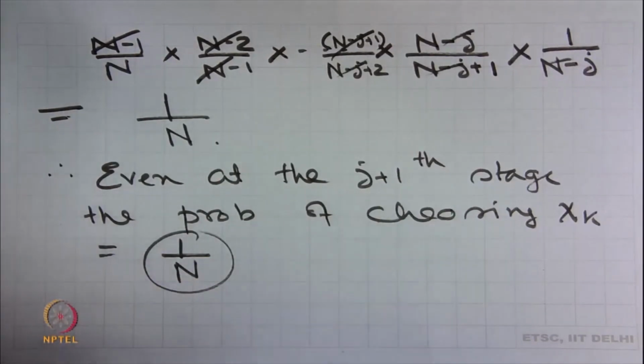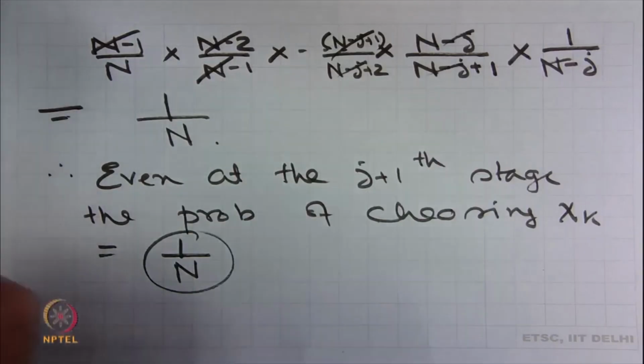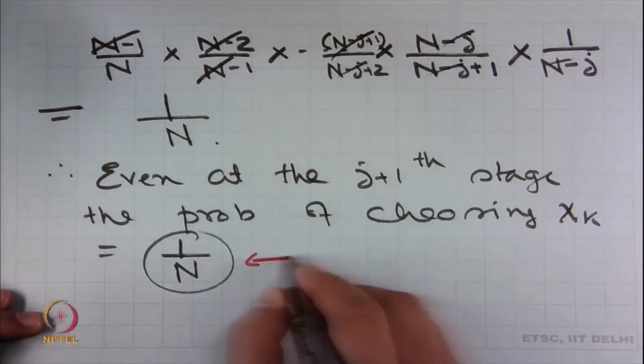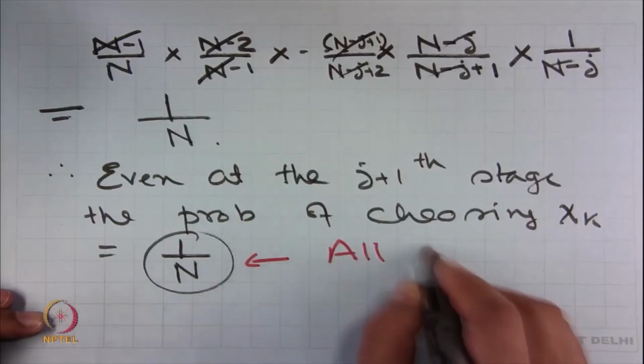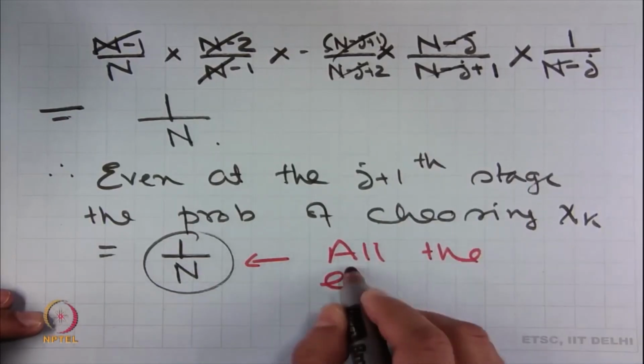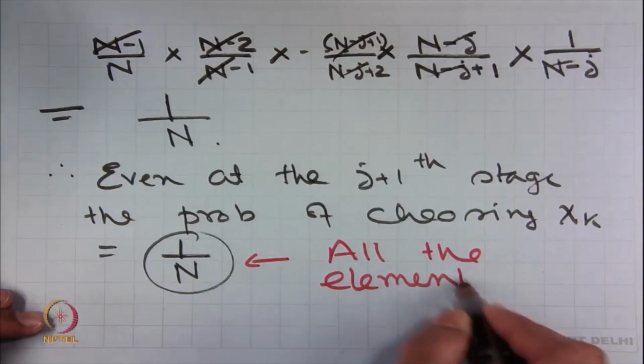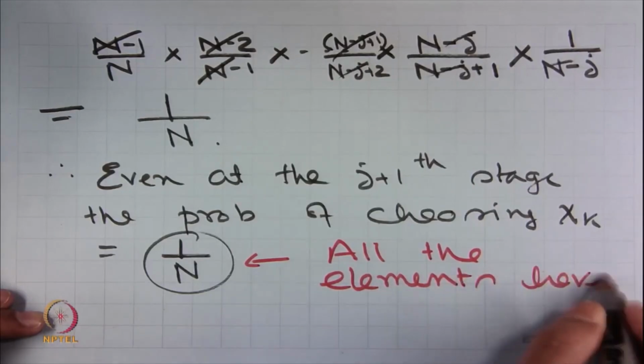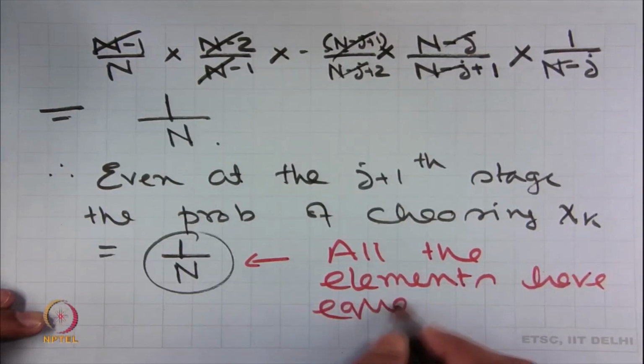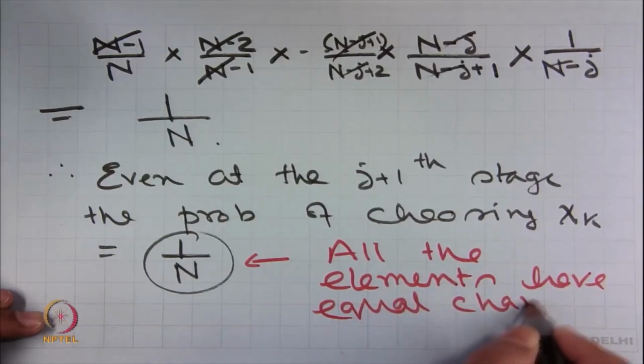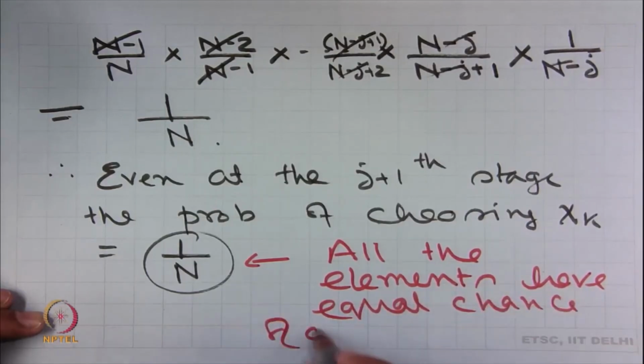Therefore, it suggests that all the elements have equal chance of getting selected.